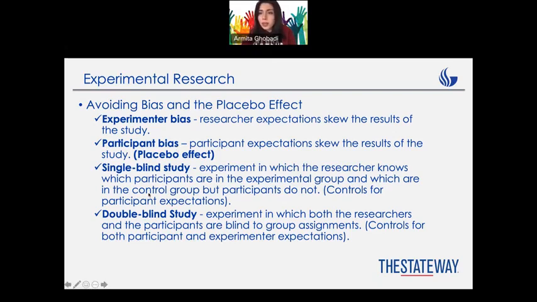Double blind study means whenever both participant and experimenter are blind. They literally don't know what they're doing. They have some protocol or guidelines, they just follow that, and they are good to go. So it just depends on your research questions, depending on your protocol or your IRB. You can do whatever you're going to do.